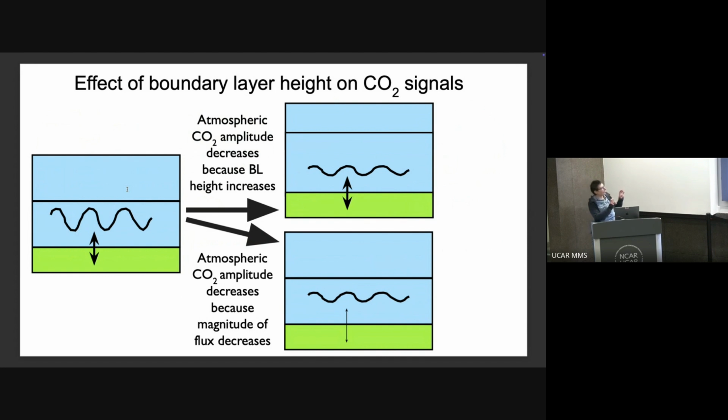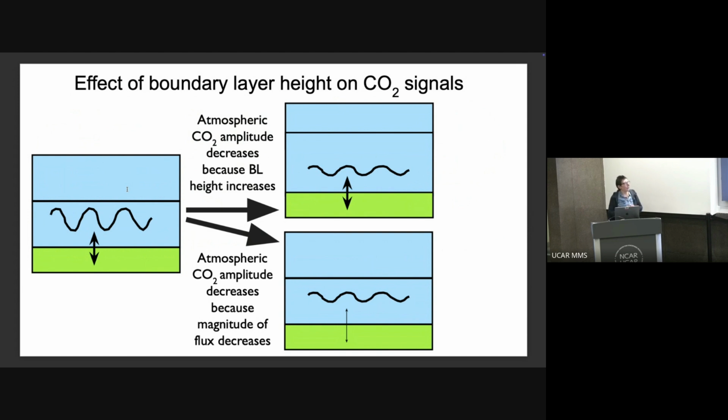This is a little bit of atmospheric carbon 101. When we're observing atmospheric CO2, we're looking at net fluxes. Over an ecosystem, there's going to be some seasonality, which you can see in that sine wave in the atmosphere. But in the atmosphere, you also have seasonal variations in vertical mixing, or you can think of that as boundary layer height. On the right-hand side, I've drawn two instances where the amplitude of CO2 in the atmosphere is smaller than on the left-hand side.